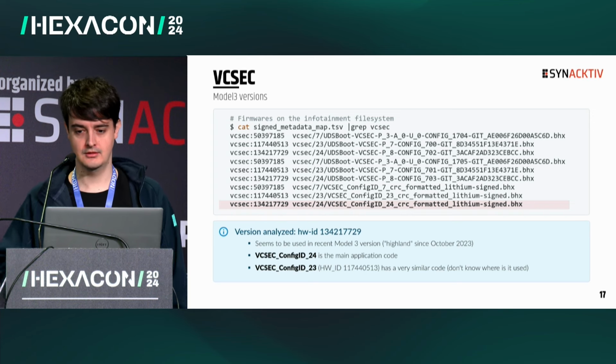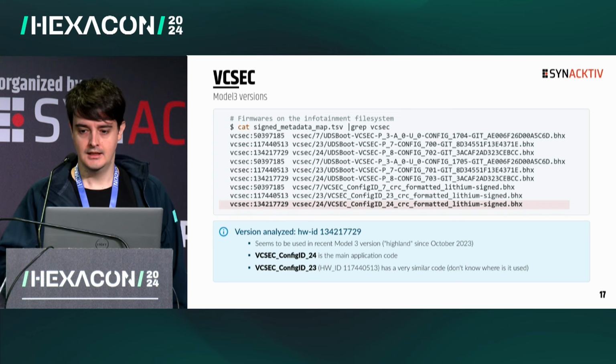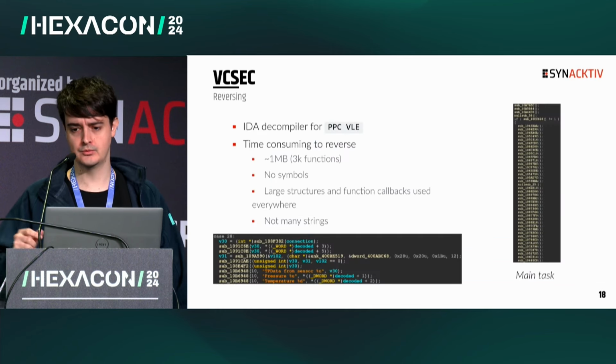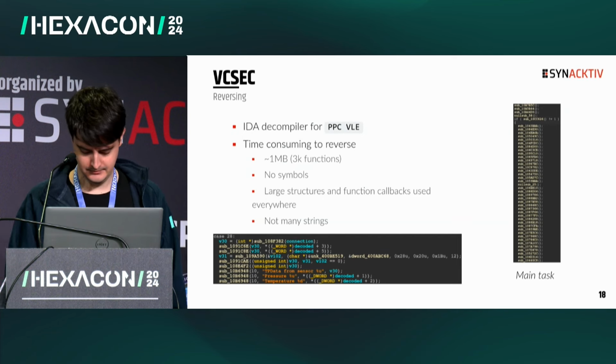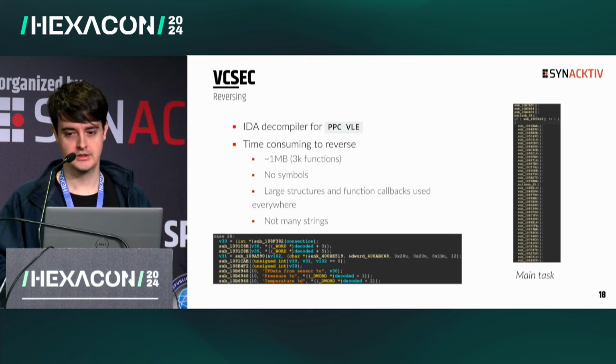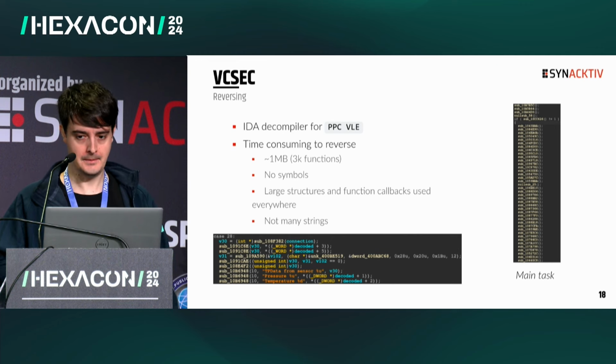The vulnerability was in production, and so we were able to confirm that. We also looked a bit at other firmware, but the vulnerability was not present. So now that we picked the firmware, we can start reversing. For that, we used the IDA decompiler with PPC VLE.